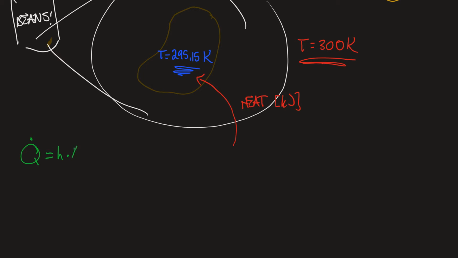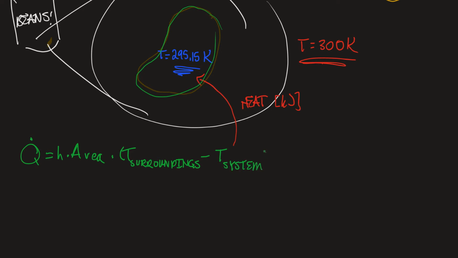That constant is multiplied by the area, so the surface area, which for this specific bean would be just the surrounding of the bean right there. And this is multiplied by the temperature of the surroundings minus the temperature of our system that we're looking at.